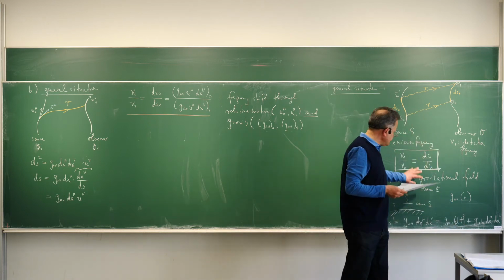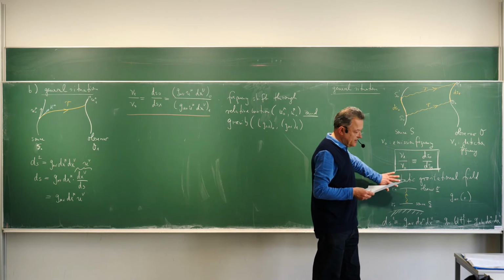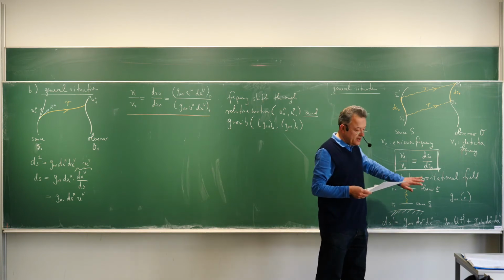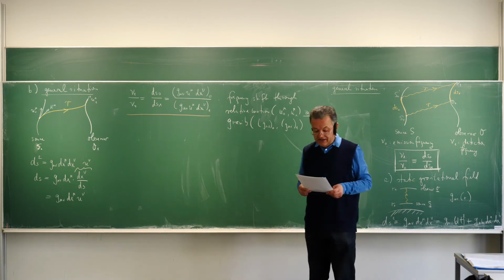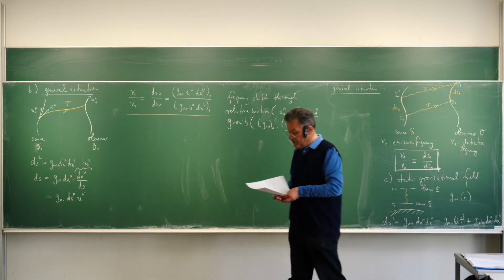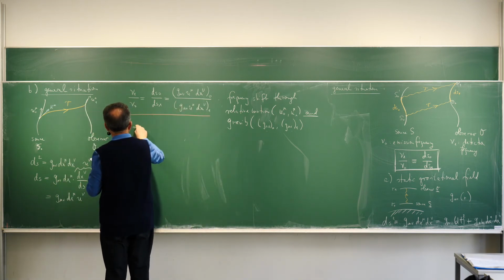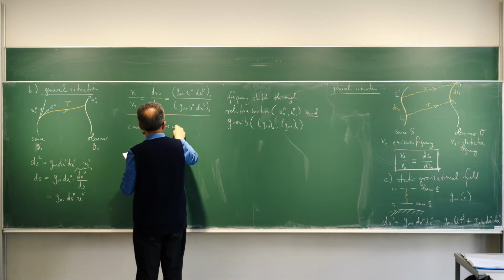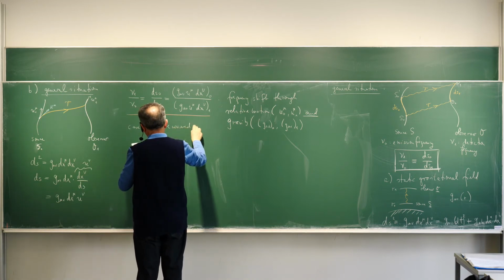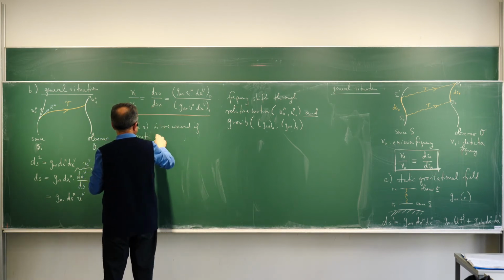Case 1, of course, if I had not already calculated it, case 1 can be generally recovered if the metric is diagonal and if observer and source are at rest in this coordinate system. So let me just mention this briefly again. So case A is recovered if the metric is diagonal.